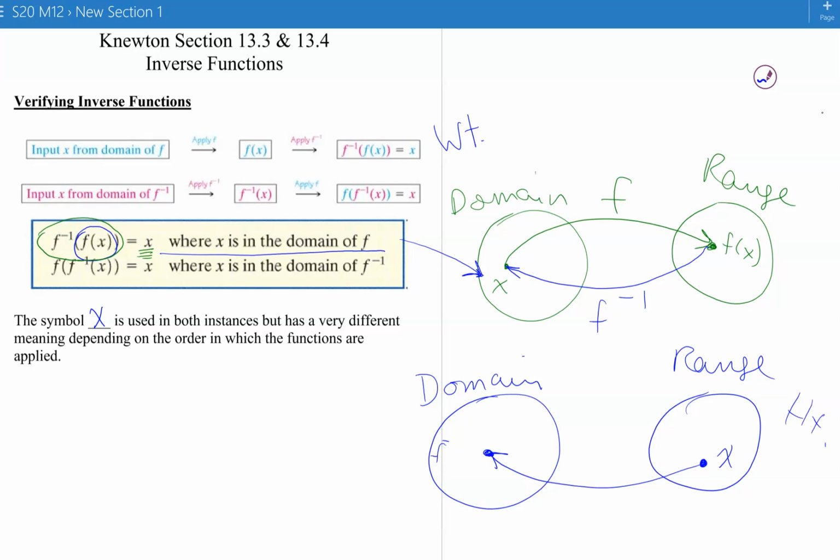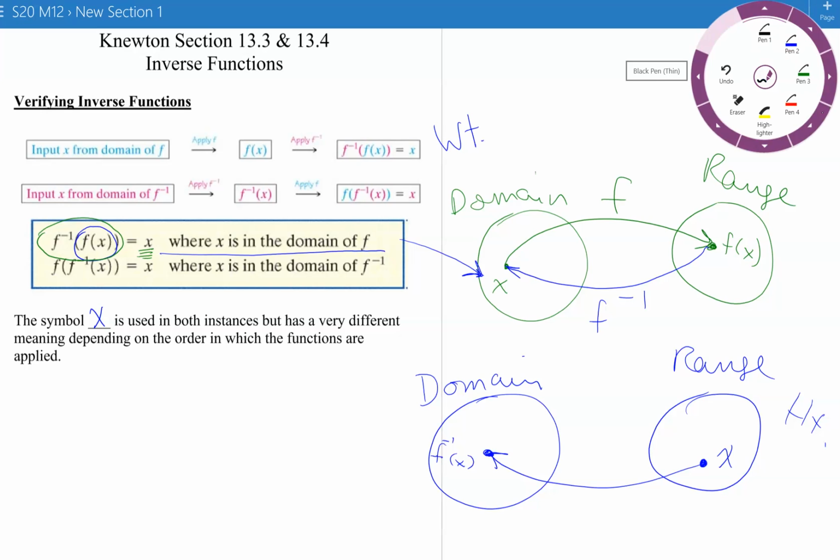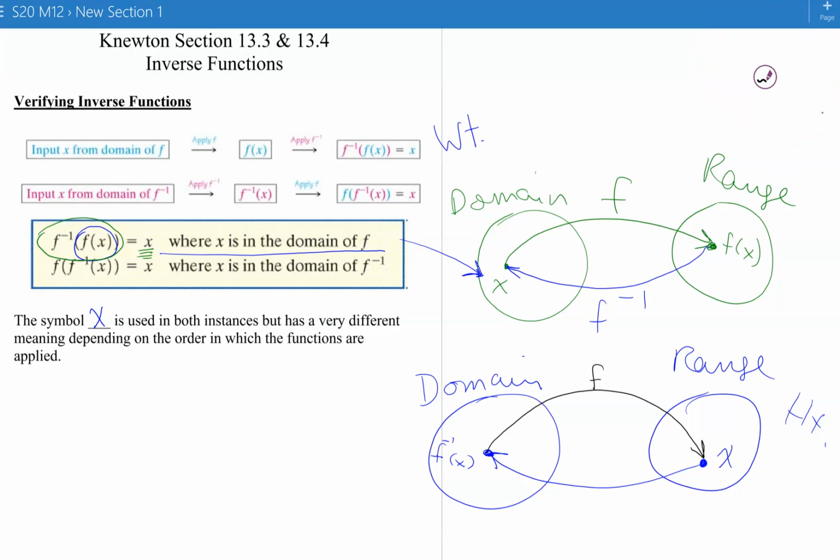So this guy you land on is f inverse of x, which if you then apply f to, you will end up back at x, but this x is in the domain of f inverse, also known as the range of f. So notice they're coming from different buckets of numbers, even though they're all numbers.